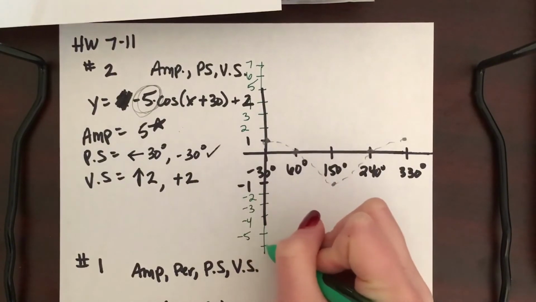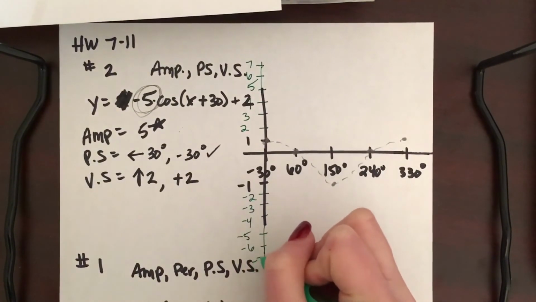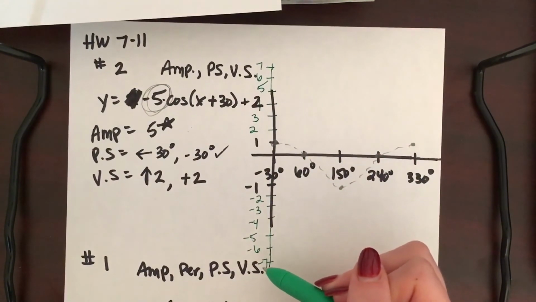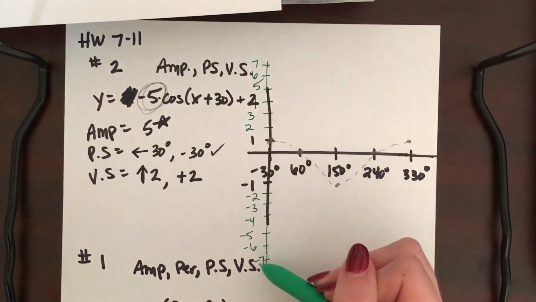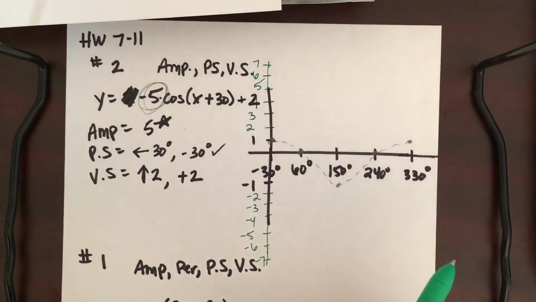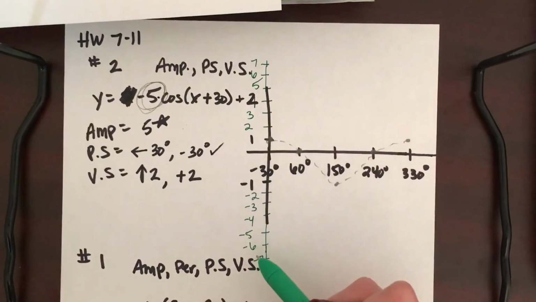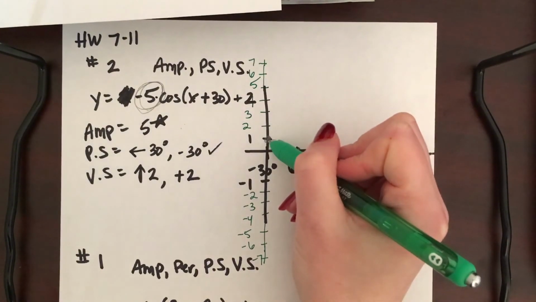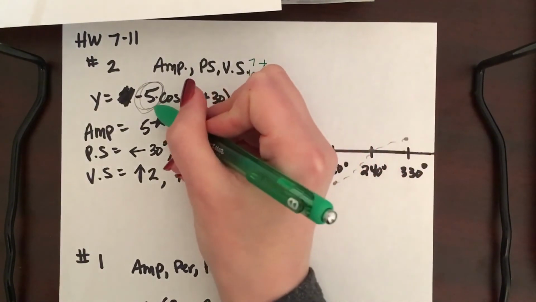Some of you like to just adjust the axes here, which is fine, but I would just be careful with that and make sure you label every spot where there ends up being a point. If you just label the top and the bottom, then it's kind of hard to tell exactly where everything is in between. So we're going to take all of these y coordinates and multiply them by negative 5.